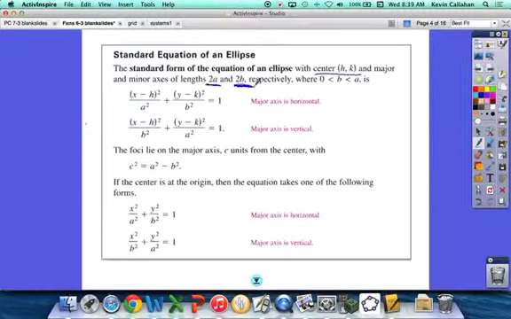And there is one important piece of information here, which is that there is a Pythagorean theorem looking kind of thing, which we don't always write like that, but you could look at it like this. a squared equals b squared plus c squared.